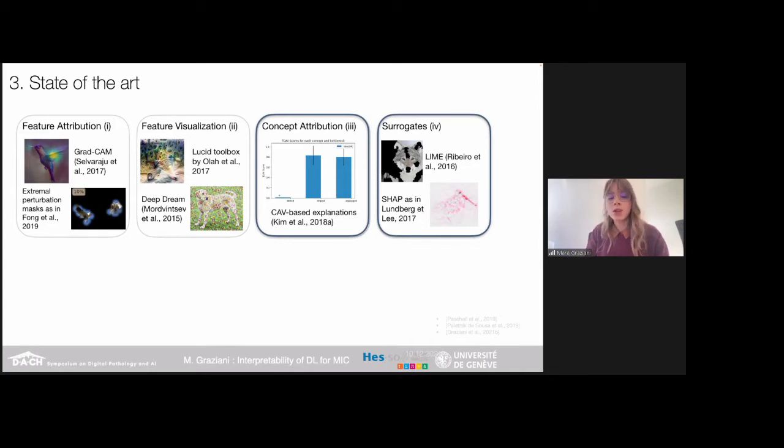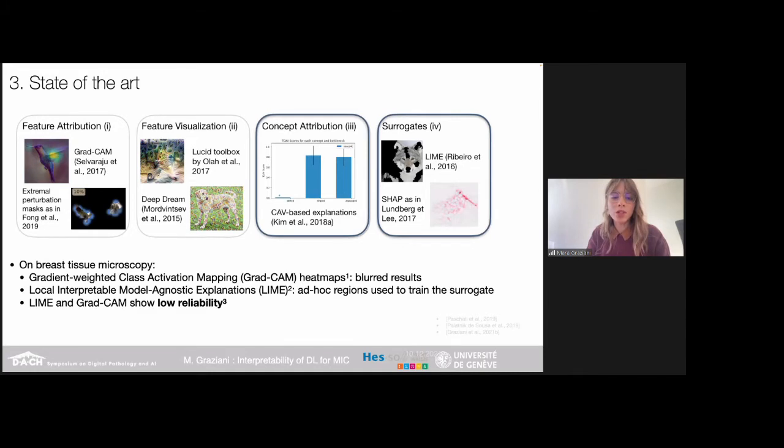And the existing work on histology focuses mostly on two approaches that are gradient-weighted class activation mapping and local interpretable model-agnostic methods. Now, some of the observed results here is that the heat maps generated strongly depend on the architecture that is being interpreted and often are too blurred and difficult to understand.